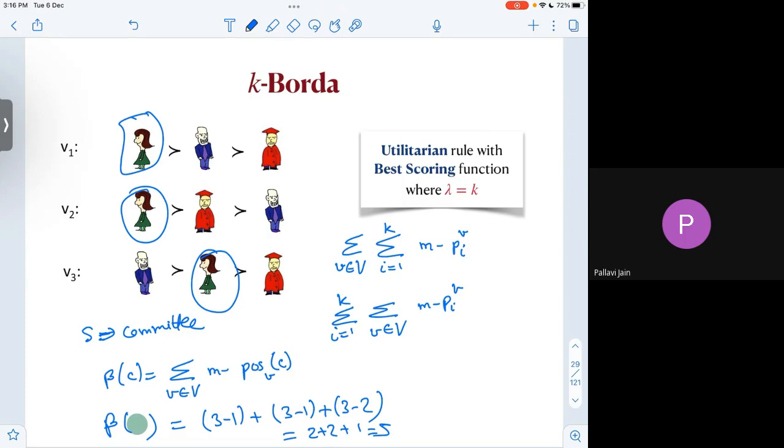Now, top K. You can do it without sorting. Think about it. This is an exercise. You need to remove this log K factor.